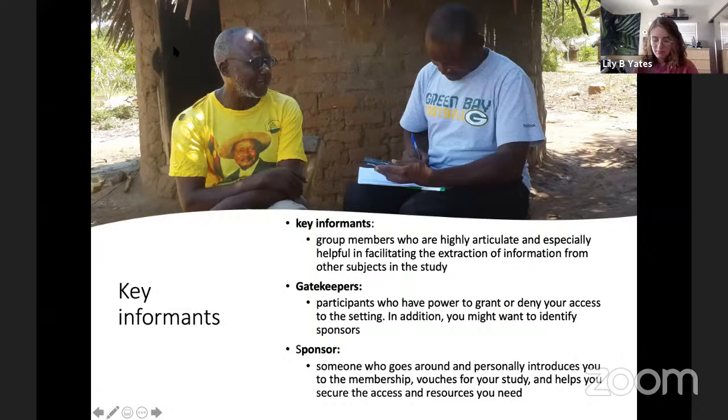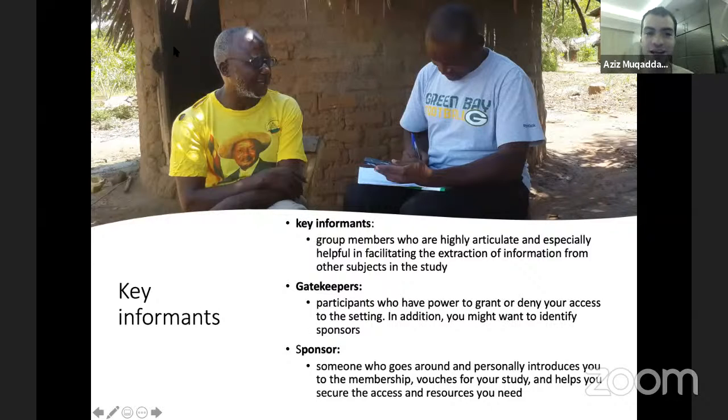Yeah, yeah. So either you're working for the CIA, or not for the Green Bay football, but let's say the University of San Diego. You are someone who's extracting information and giving it to the researcher. That's called a key informant, someone embedded in whatever environment or community you're studying, and they are good at extracting information.